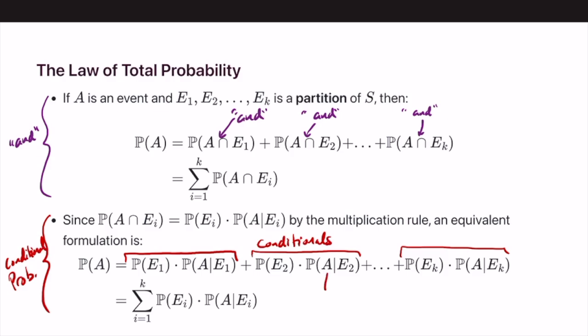A, given E2. That's what this little line there means. That line is given. Not 1 or L or I, but given.